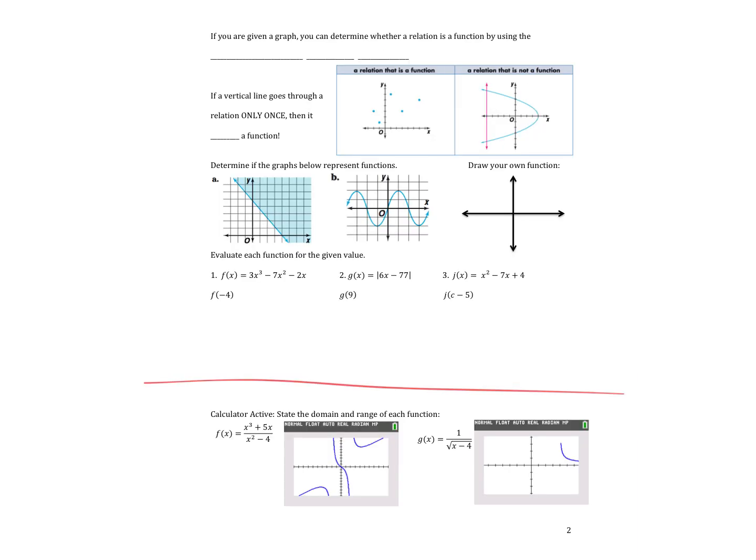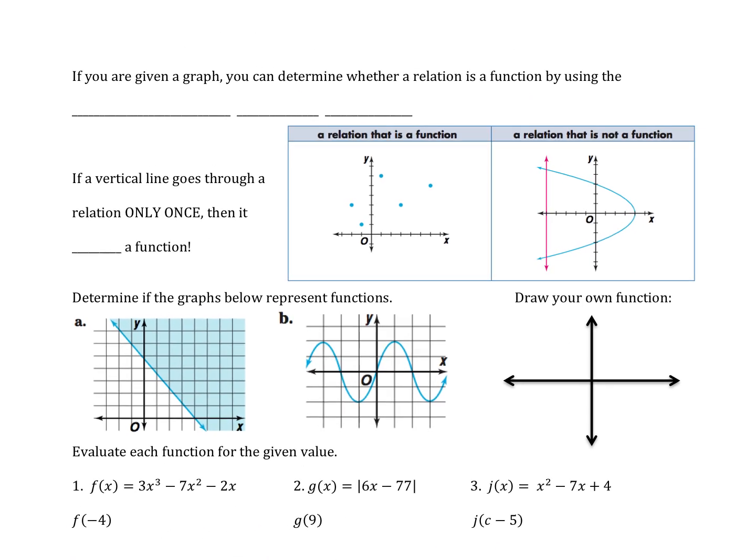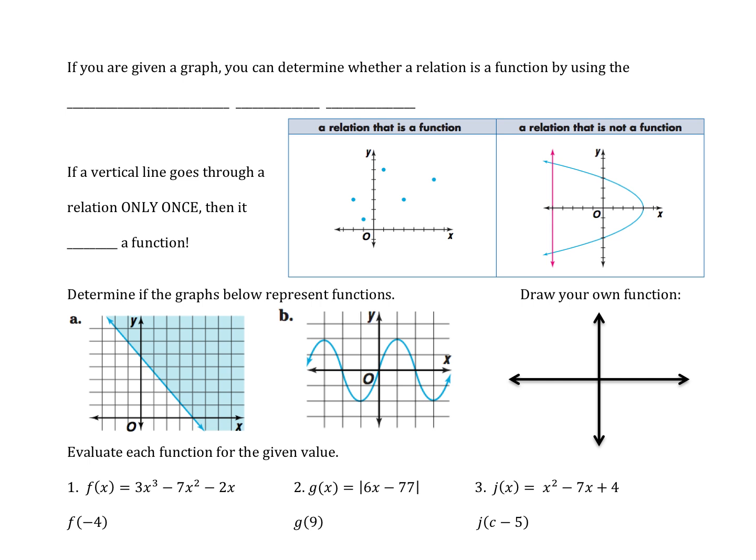What if I didn't give you the actual coordinates written out? What if I gave you a graph? Does anyone remember the name of the test to determine from a graph if something's a function or not? Vertical line test.